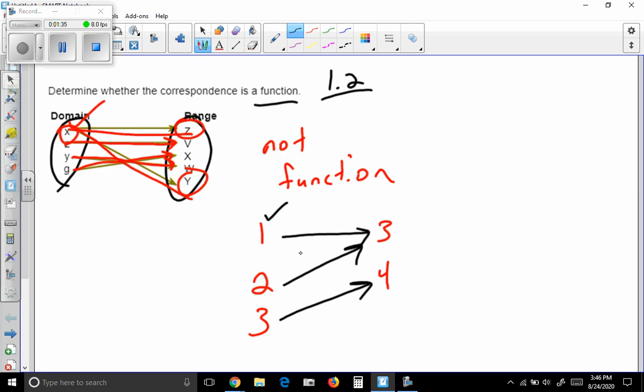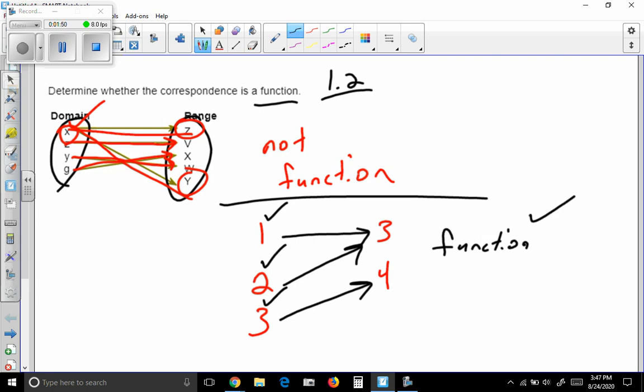It doesn't matter that the 3 on the right side is related to two different things. As long as each piece of the domain is only used once, it is a function.